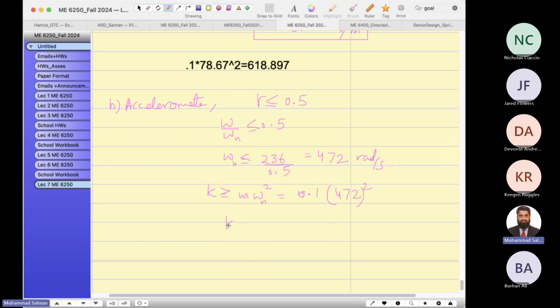If you solve for this, k is larger than 2.228 times 10 to the 4. So you see, larger k means the natural frequency is very small, and that is the case for the instrument. Have you understood this question? Let's do another problem.